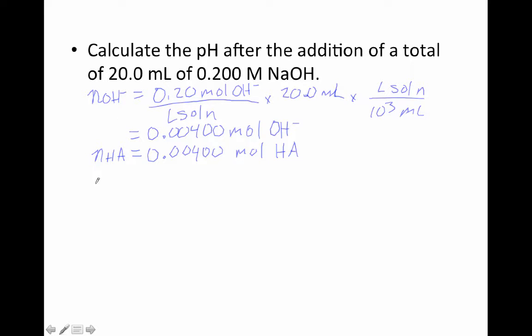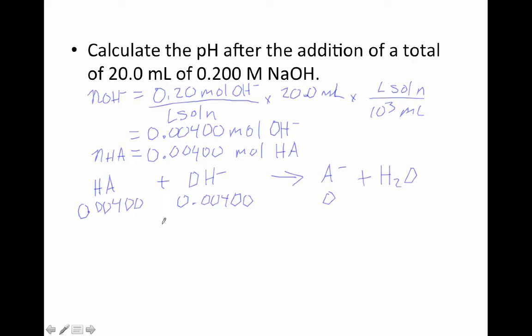We can see this by looking at the same type of limiting reactant calculation. We started with 0.00400 moles of benzoic acid, a total of 0.00400 moles of hydroxide have been added. So with the equal number of moles, we have no hydroxide left.